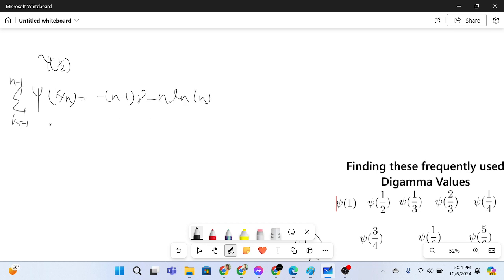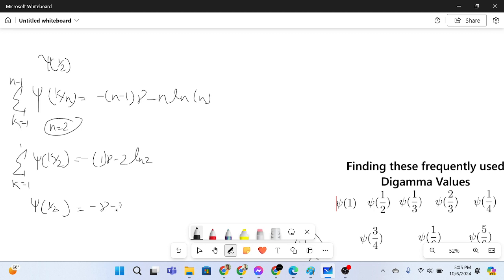If we put n as 2, we get the sum from k equals 1 to 1 of Digamma of k by 2 is equal to minus 2 minus 1, which is 1, times the Euler-Mascheroni constant minus 2 ln 2. Now since k can just be 1, Digamma of 1 by 2 is equal to minus the Euler-Mascheroni constant minus 2 ln 2. And yes, we got Digamma of 1 by 2.